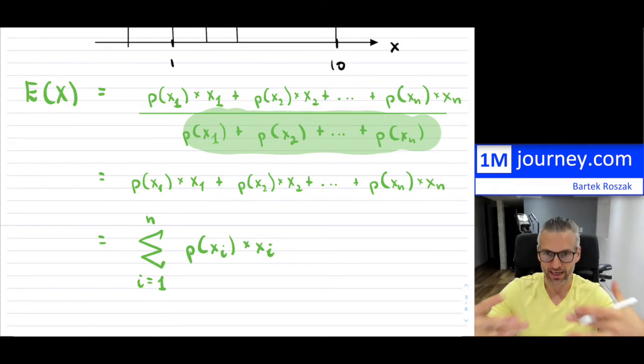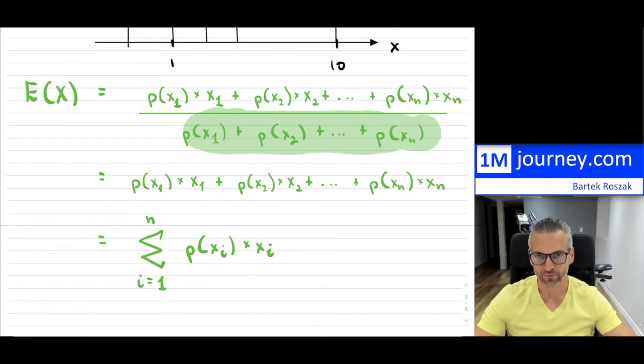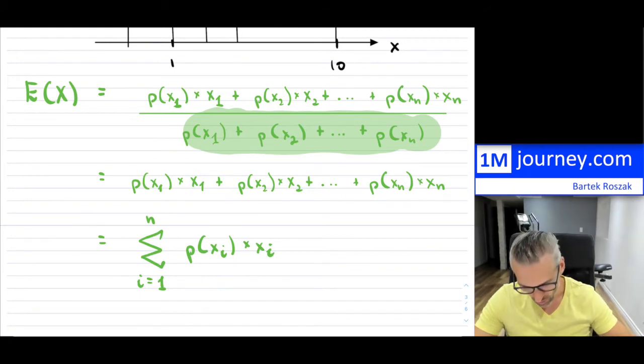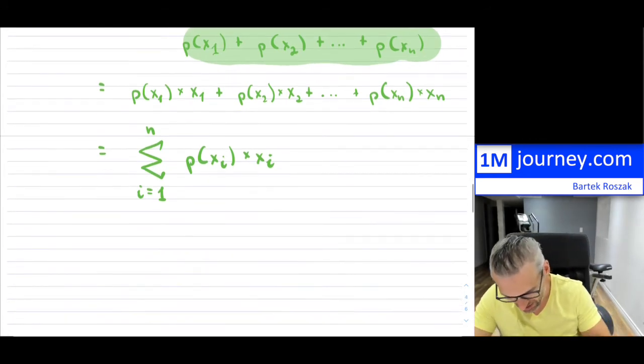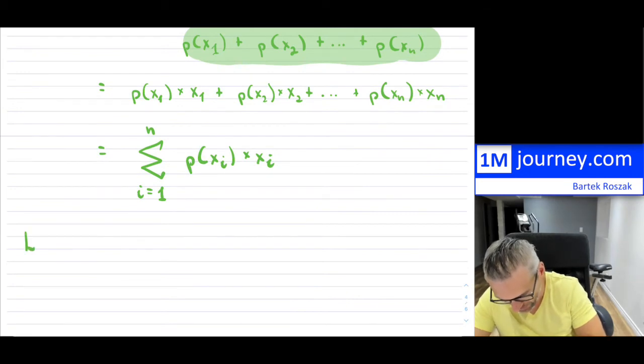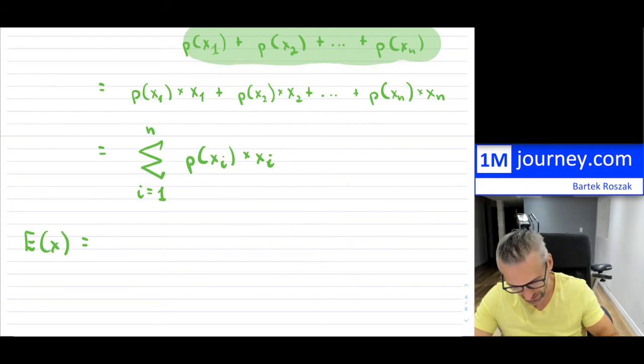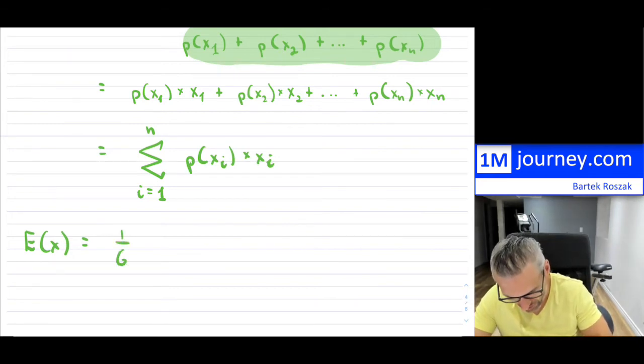So again, coming back to the die, it's uniform probabilities, right? So what would we have? The expected value would have been, what is the probability? Well, the probability is 1 over 6.